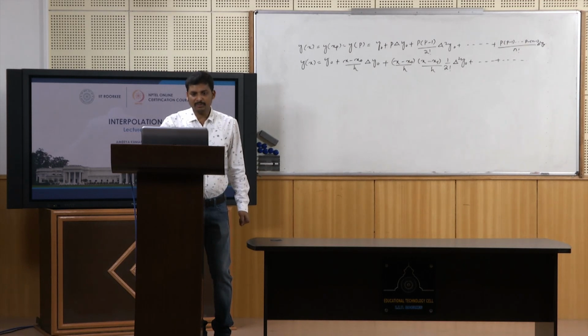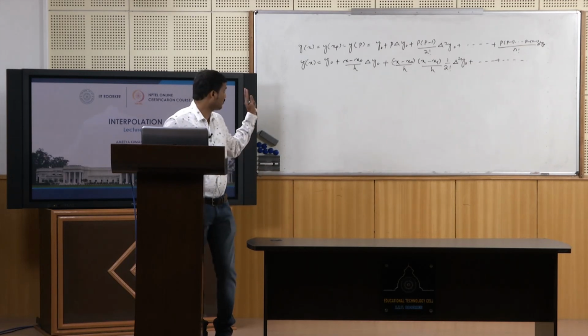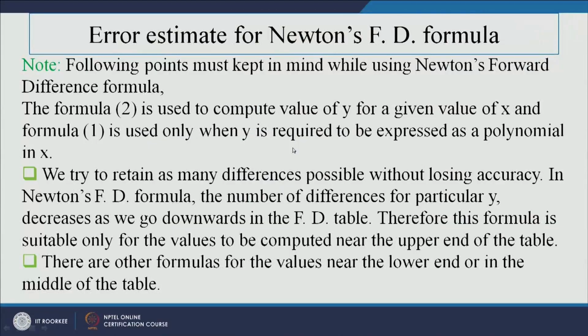This formula can be used to compute the value of y for a given value of x, and the formula in terms of x can be used for representation of this function y in the form of a polynomial here. And then in the second form, we can retain as many differences as possible without losing accuracy.